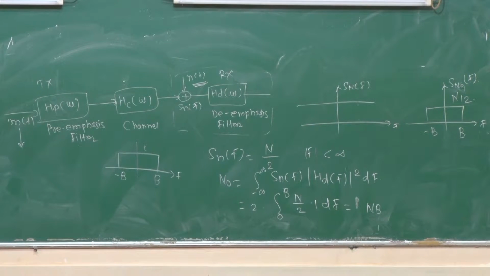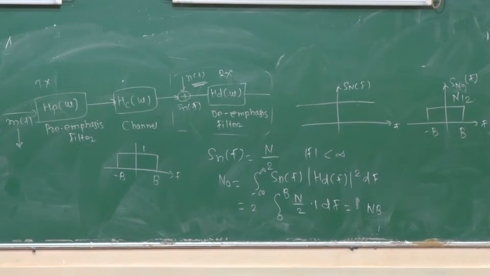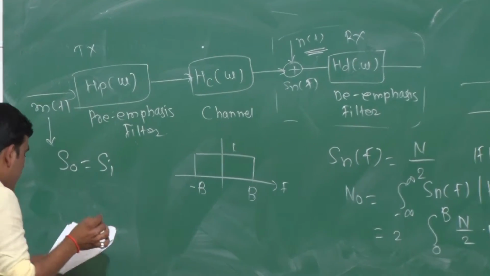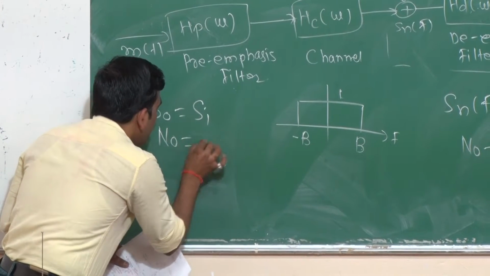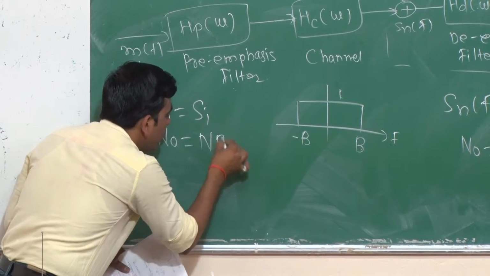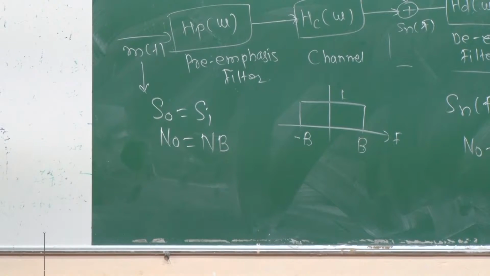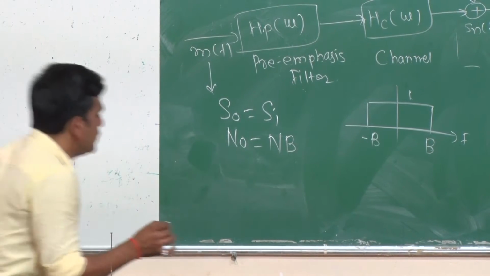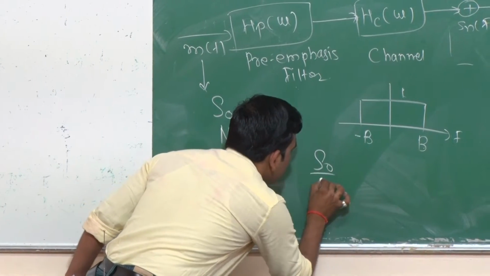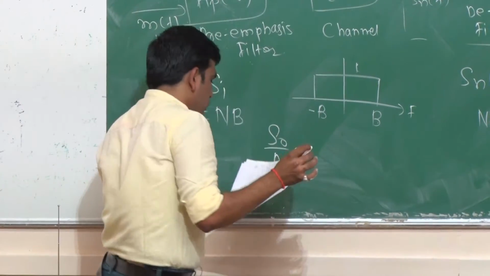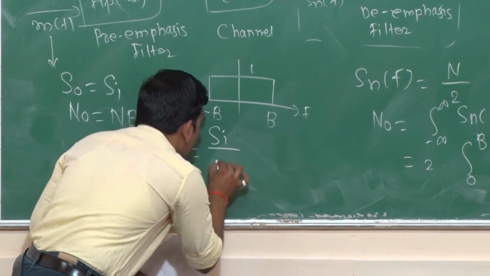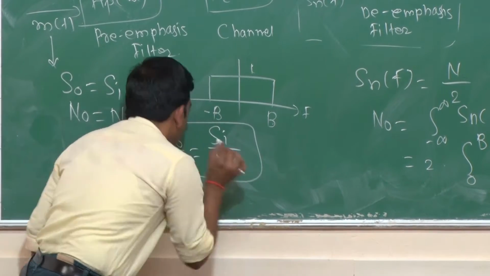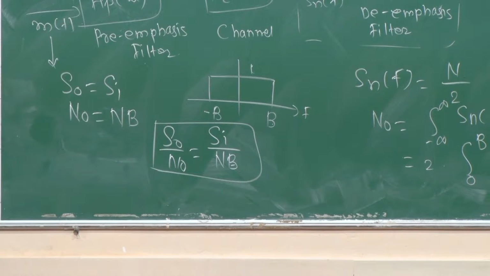And we have to assume that S0 is equal to Si and capital N0 is equal to capital NB. So the output signal to noise ratio S0 by N0 is equal to Si divided by NB.